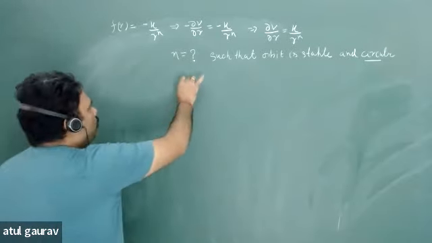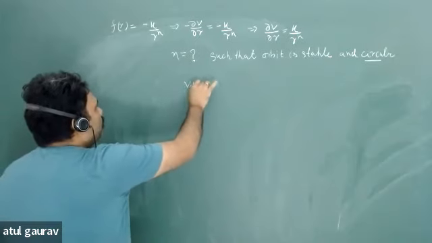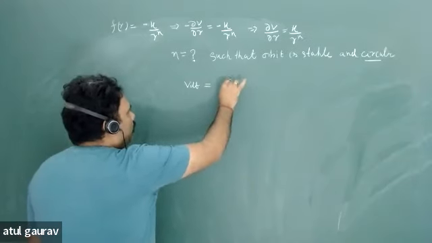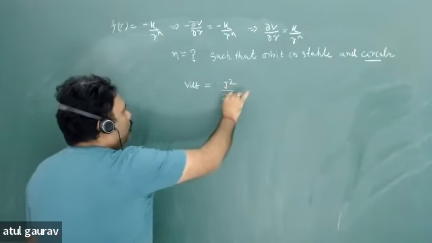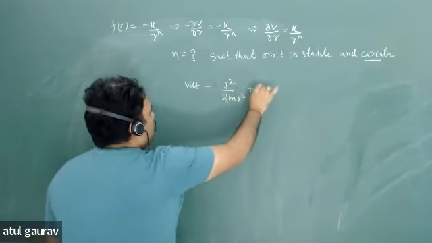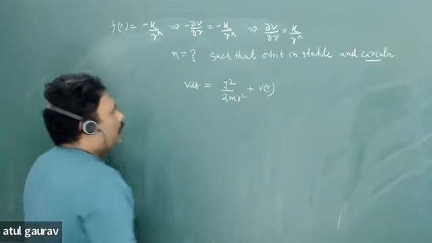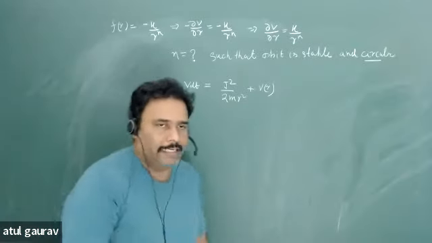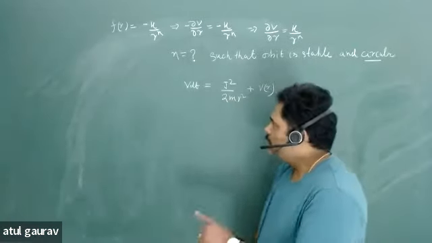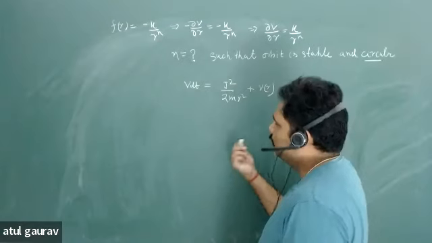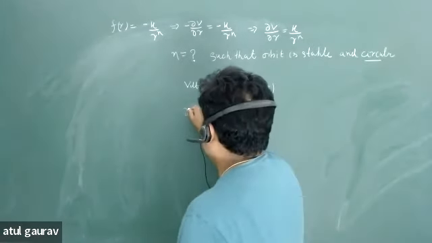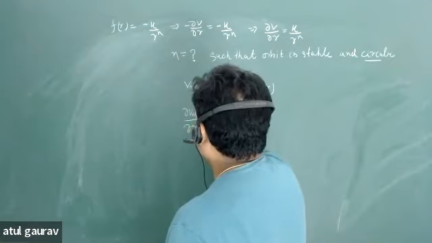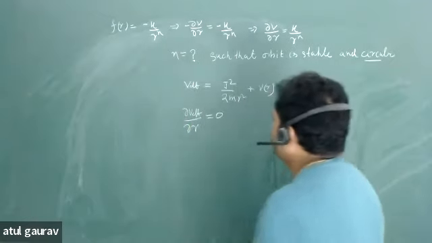First we have to go for V effective. What will be V effective? That is nothing but J square upon 2mr square plus V(r). And from here, for the circular orbit, let r is equal to r naught be the radius. So you have del V effective upon del r must be equal to 0.